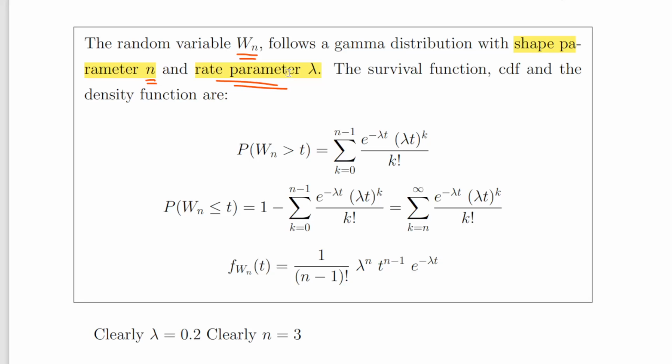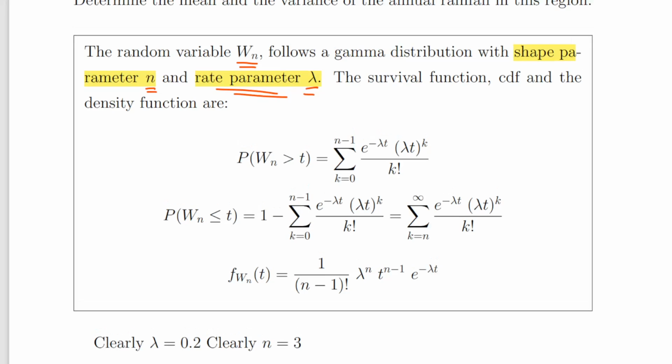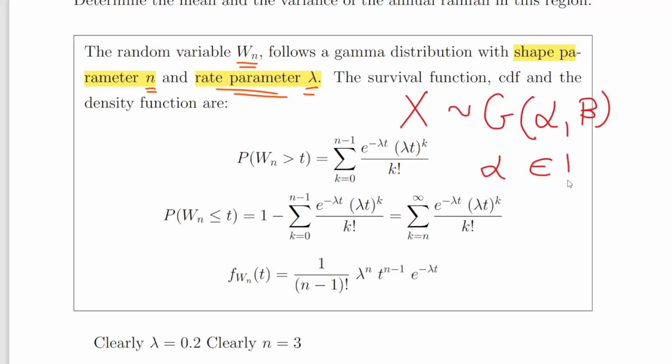So it ties in with those, so that's why we might use lambda. The reason I mention that is that the generic form of the gamma distribution is denominated in terms of rate parameter alpha and shape parameter beta. We could consider some random variable X that is a gamma random variable, with parameters alpha and beta. The thing about alpha in the generic case is that it can be any real number, an integer or a fraction.